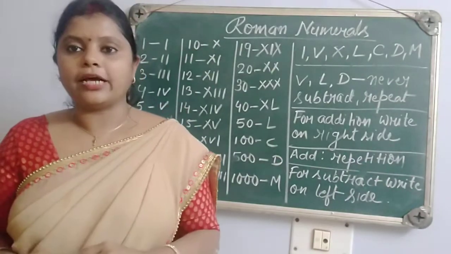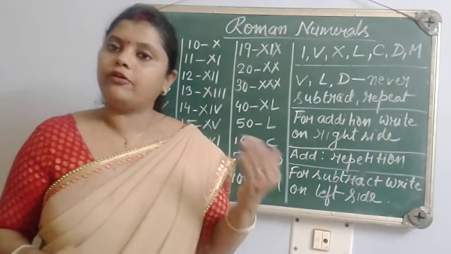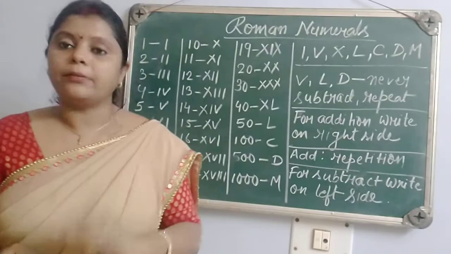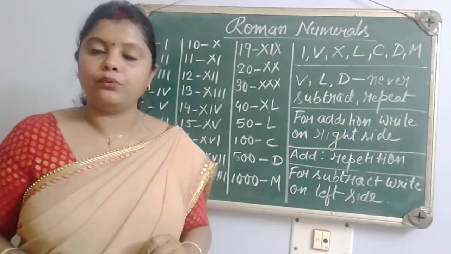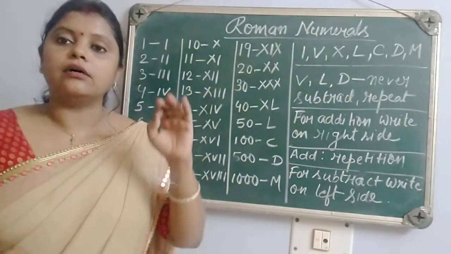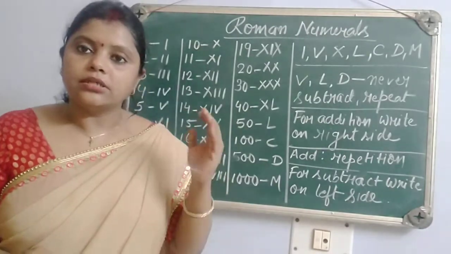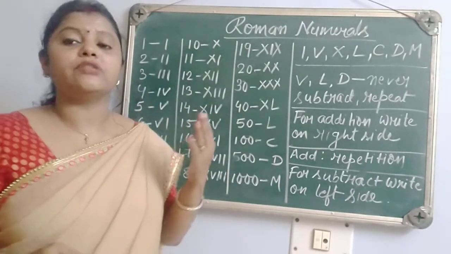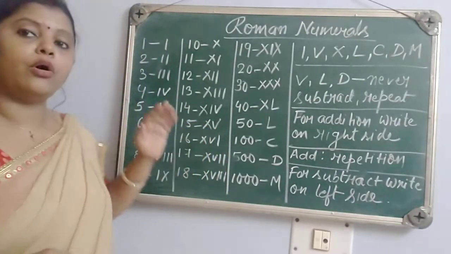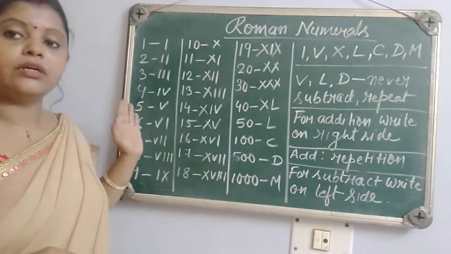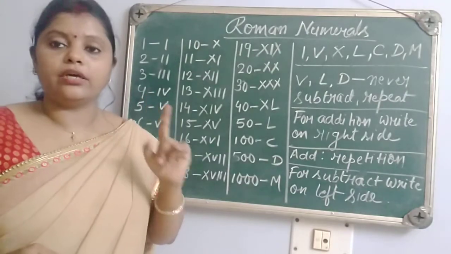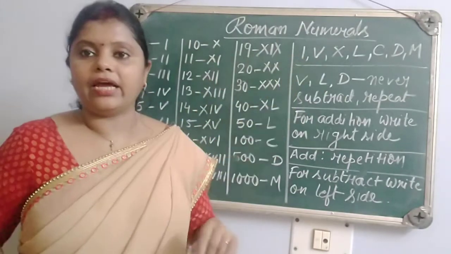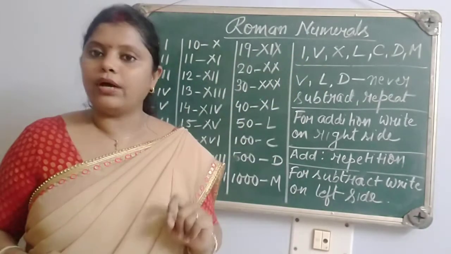Now how do we subtract? For addition I told you we have to repeat. But for subtraction, we write the smaller symbol just before the greater symbol. That means we write the smaller symbol on the left hand side of the greater symbol. If we compare 1 and 5, 5 is greater and 1 is smaller.